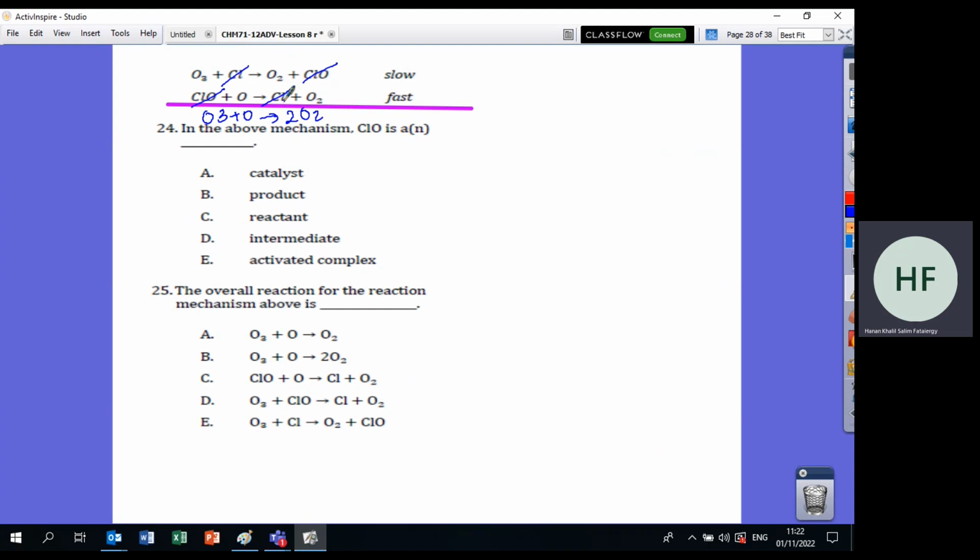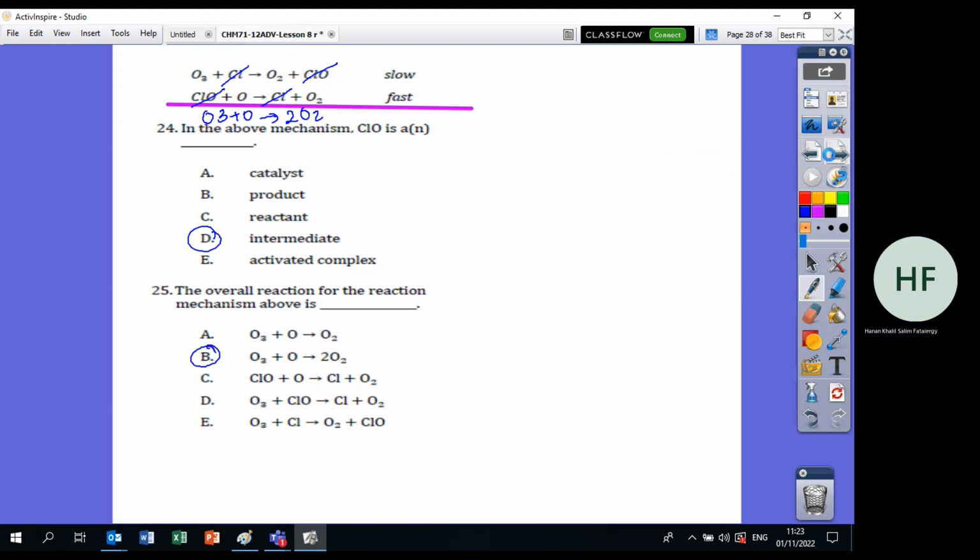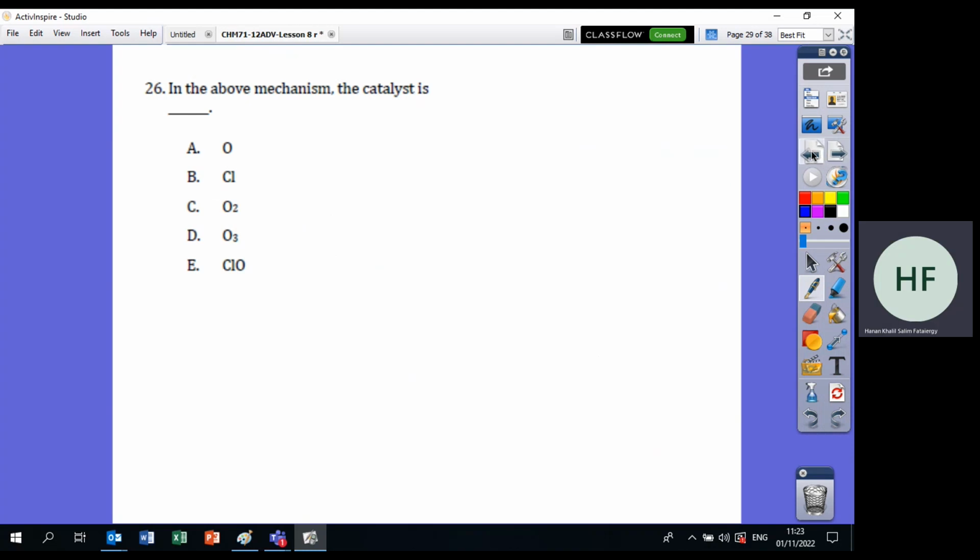Of course Cl is a catalyst because it's found in the beginning and at the end. ClO is an intermediate. So in the above mechanism, ClO is an intermediate. The overall reaction is... Okay, the catalyst is Cl.